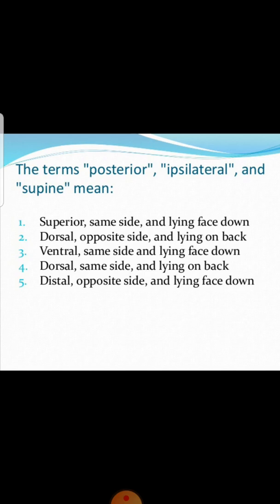All other options are incorrect, so the right option is the fourth one. Posterior, dorsal; ipsilateral, same side; and supine means lying on the back, and your face will be facing upward.